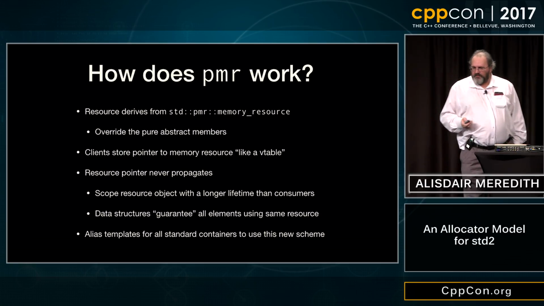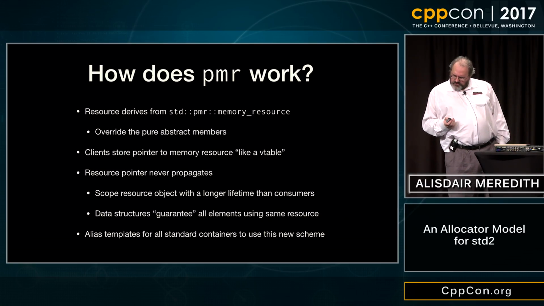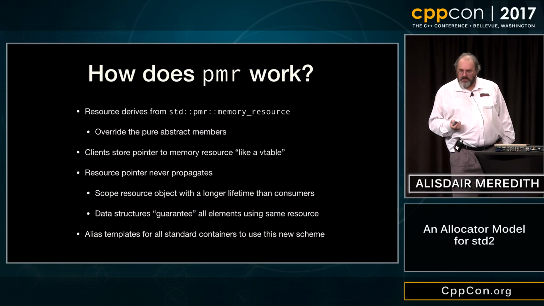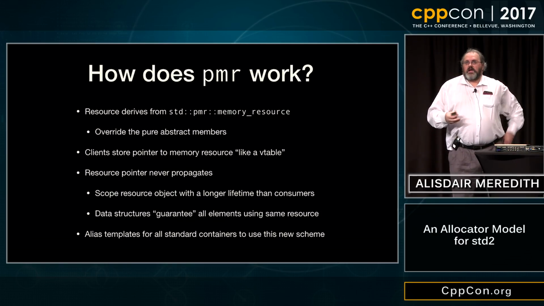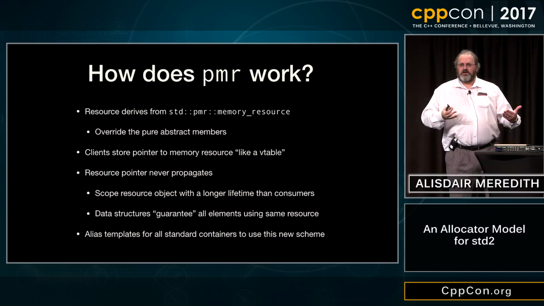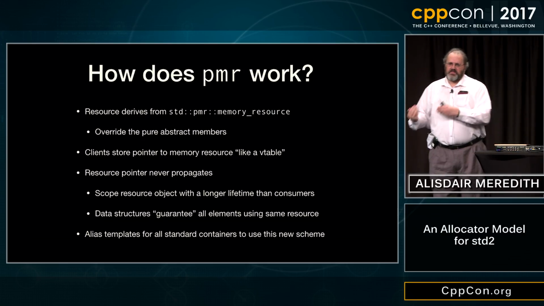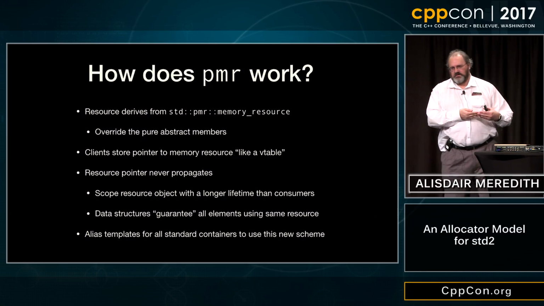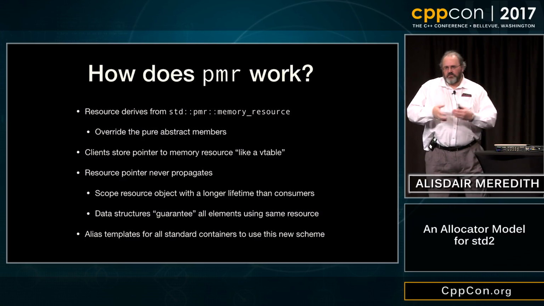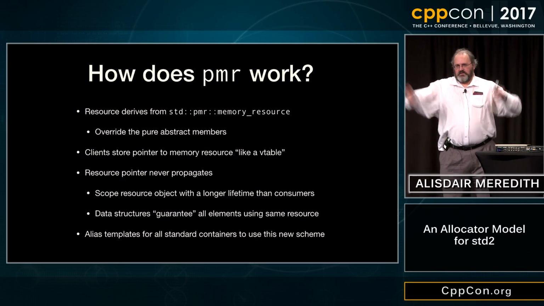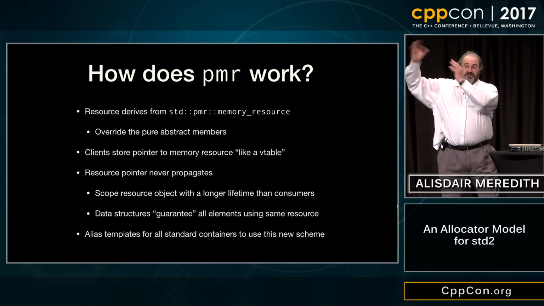The final issue that we have with the PMR model is that when I have a container using polymorphic memory resources, so I've got a vector of strings, I want to guarantee that the strings are all using the same allocator as the vector. We don't support the idea that I've now got a vector of strings and each string is going to have a different allocator.